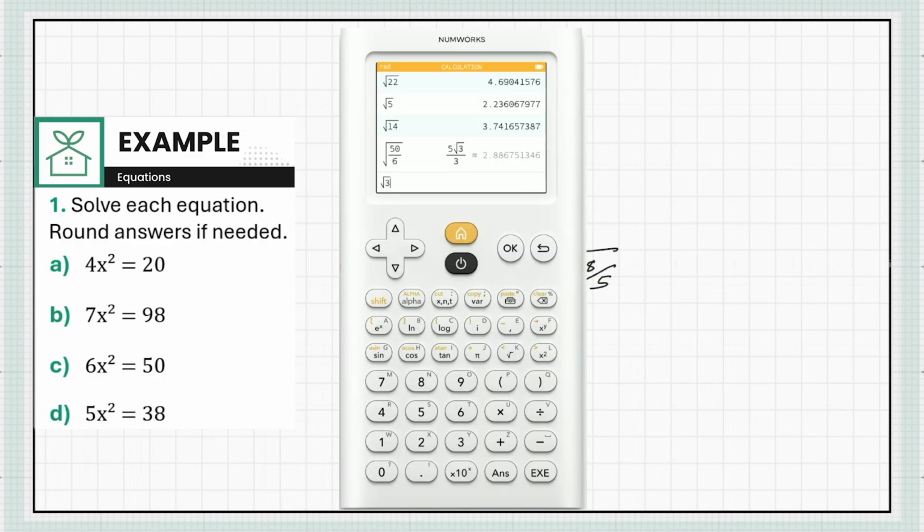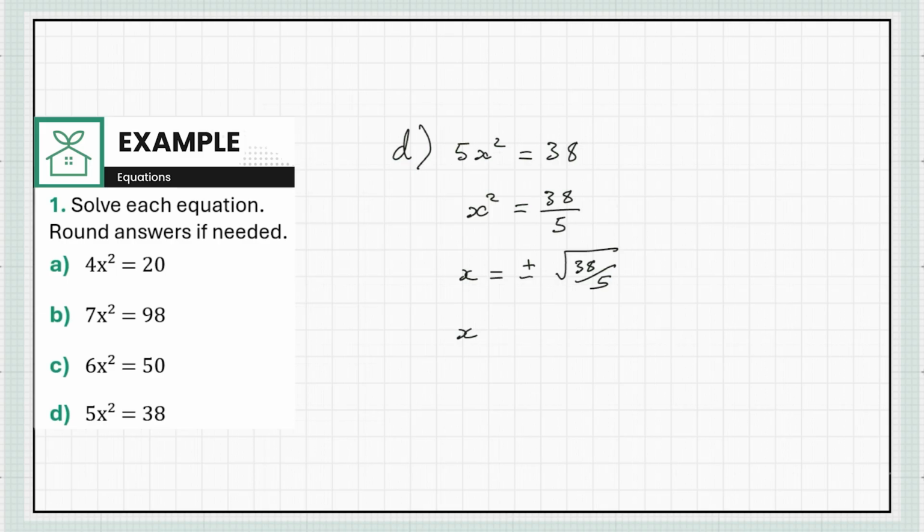The square root of 38 divided by 5, and hit execute. 2.756. Now, our second decimal place is here, and our critical digit is here. Because our critical digit is greater than or equal to 5, we're going to round up, so x is equal to plus or minus 2.76 to 2 decimal places.